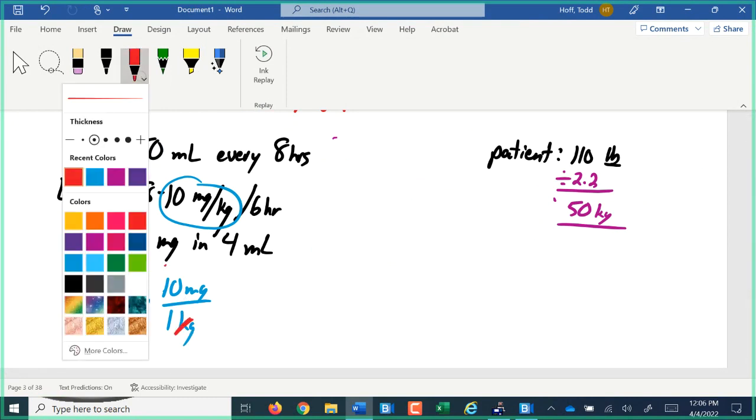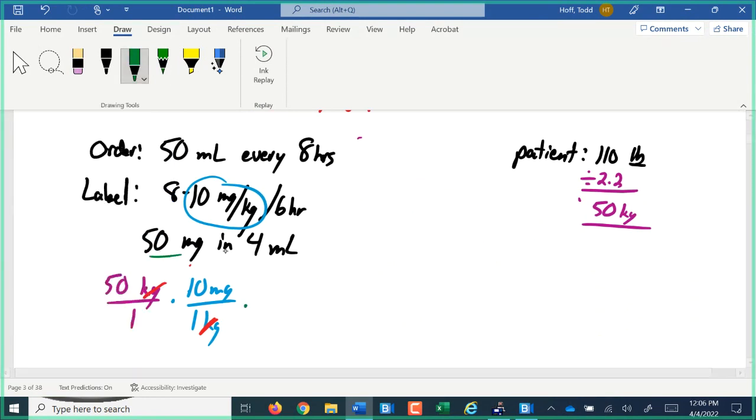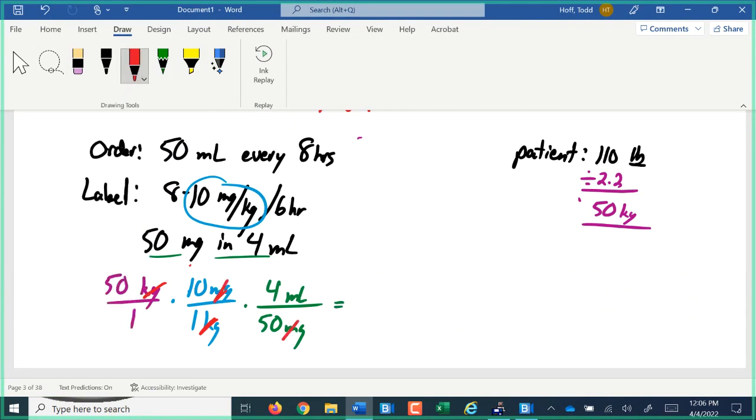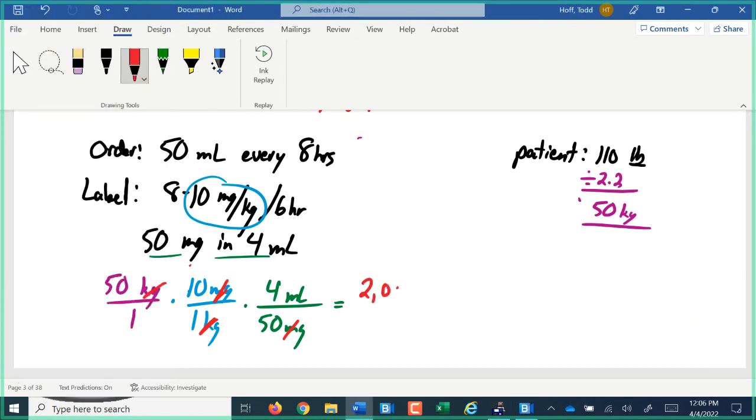And next we have 15 milligrams in 4 milliliters, so the milligrams go on the bottom to cancel those out. We're now in milliliters, which is what the doctor's order is in. So we're going to do 50 times 10 times 4, which is 2,000 milliliters over 15. We divide that out, that is 133 milliliters.